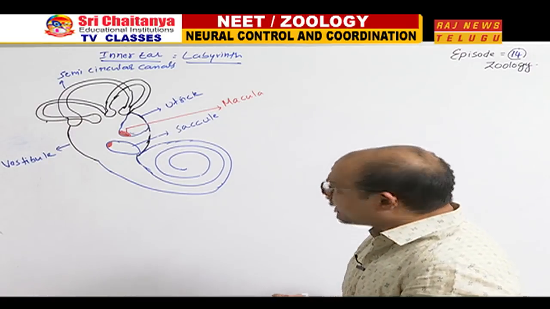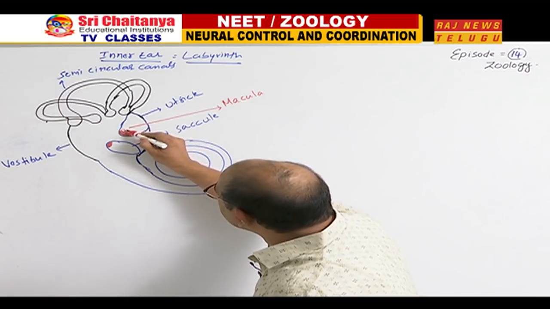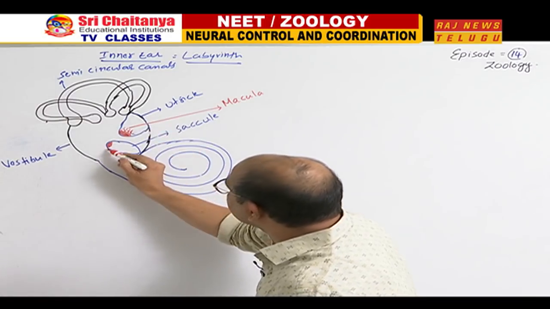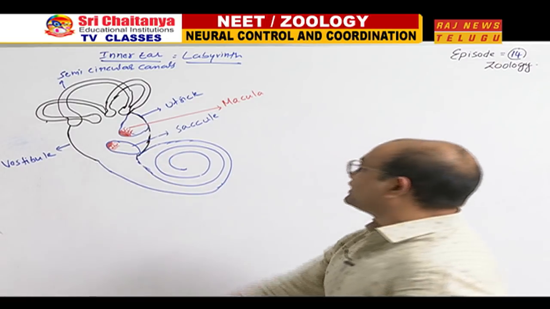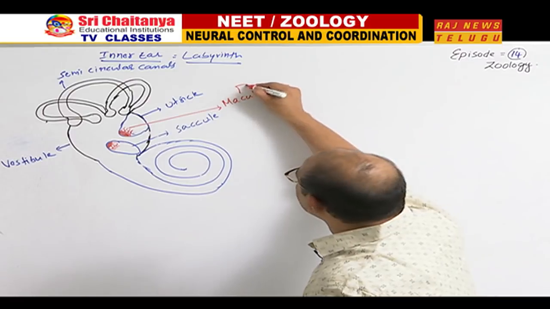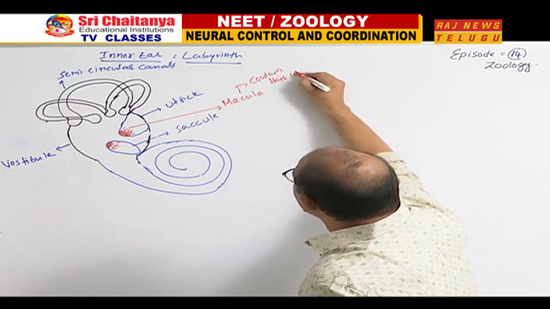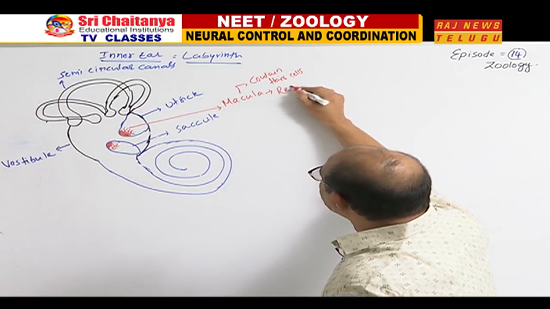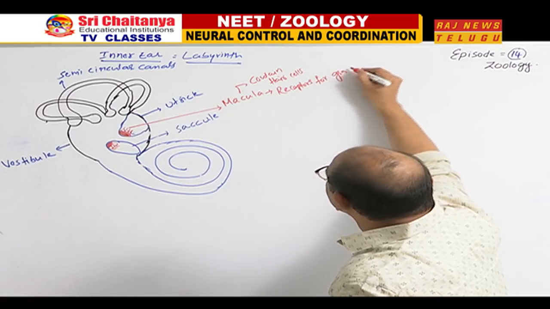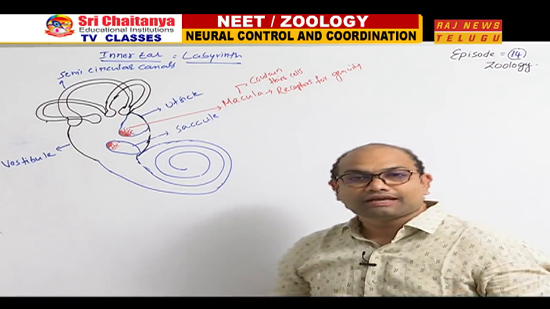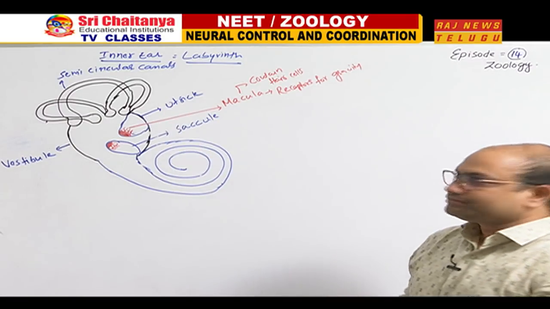If you see this macula region, it also has hair cells. See, these are hair cells. So, macula contains hair cells and macula also has receptors for gravity. You know, the crista ampullaris also has receptors for gravity. Macula also has receptors for gravity.